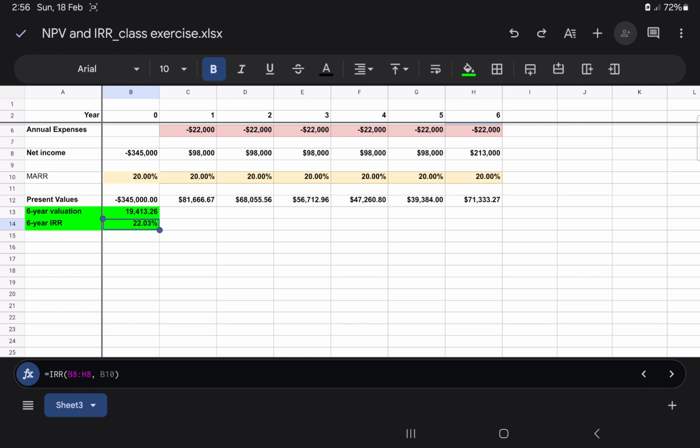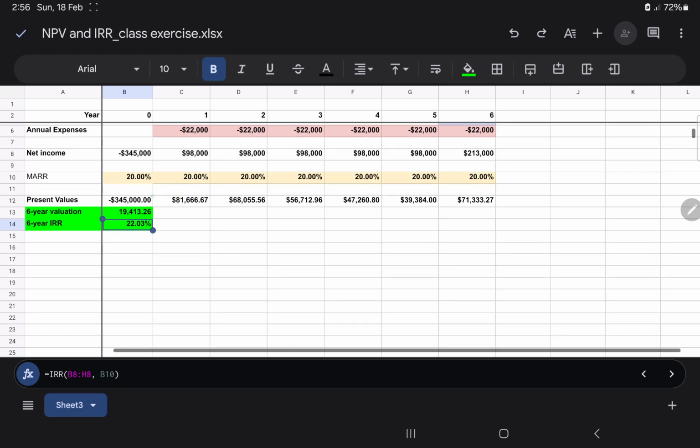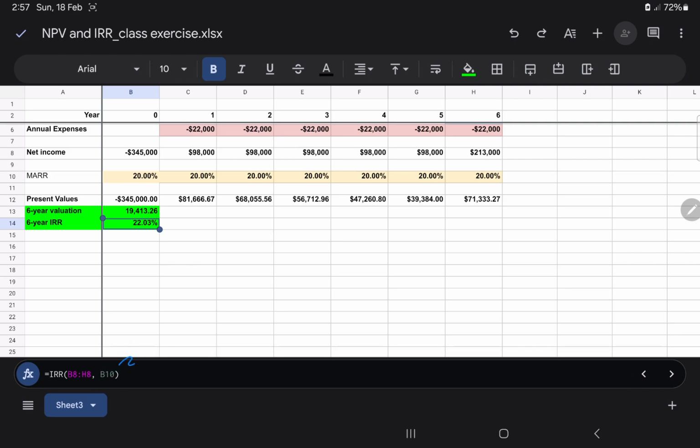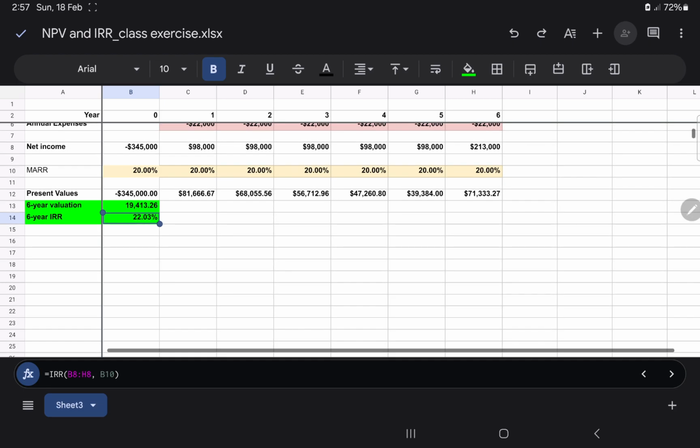What you are going to highlight first are the values of the PVs, from year 0 up to year 6. Highlight this range, and then comma, B10. What is B10 here? The MARR, which is 20%. That's just the simple formula to get the IRR.